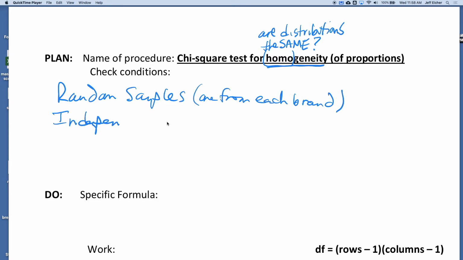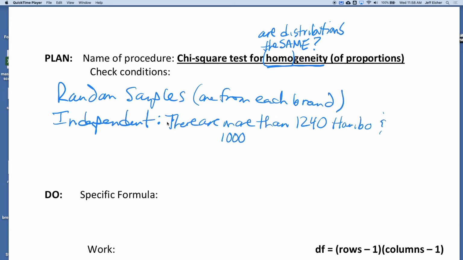The independent condition: since we're sampling, we would need to make sure that the populations are large enough. And there's a lot of gummy bears in the world, so I don't think that's going to be an issue. So there are more than 10 times our sample for Haribo and 10 times the off-brand gummies.